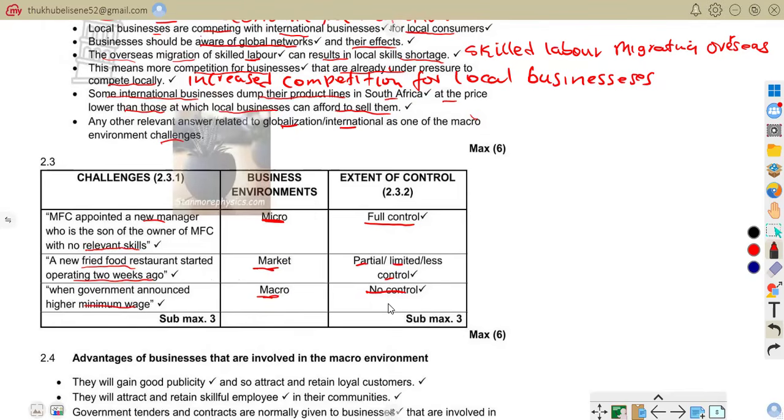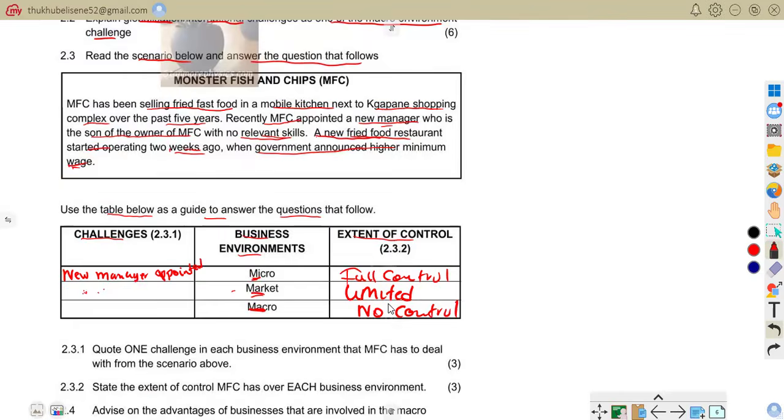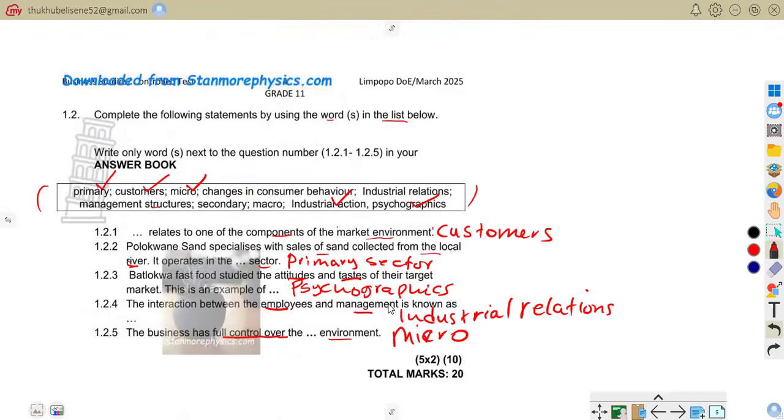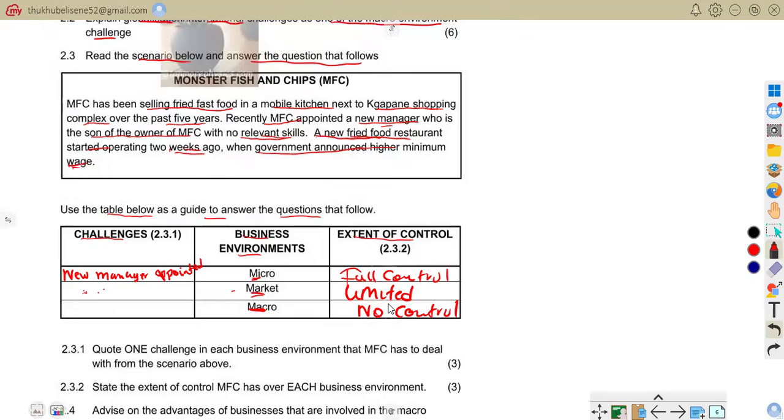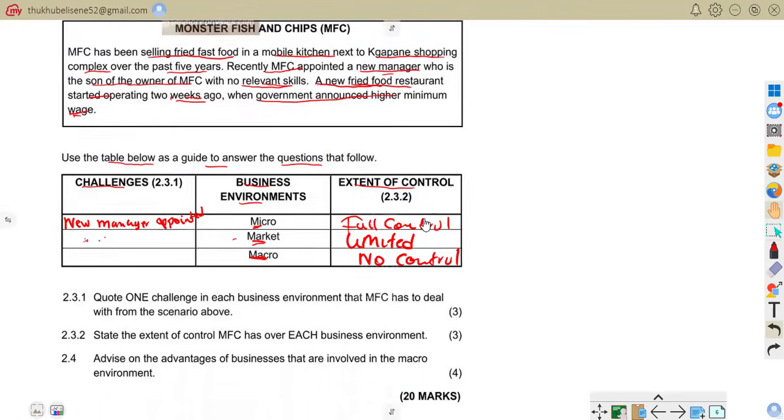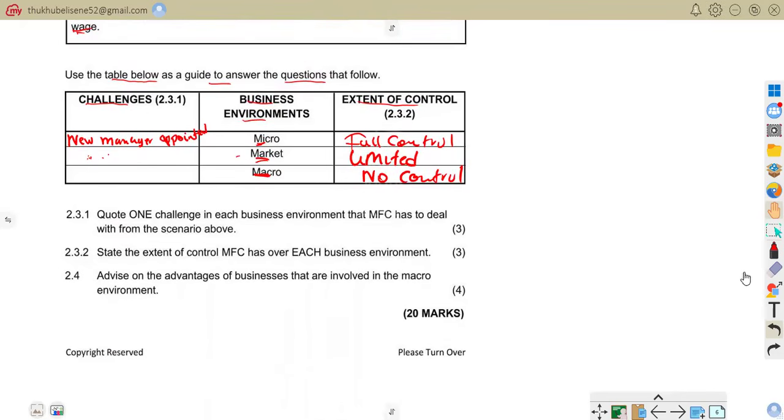Let us move on to question 2.4. Because 2.3.1 we have already talked about, and 2.3.2. That was to state one challenge from the scenario.